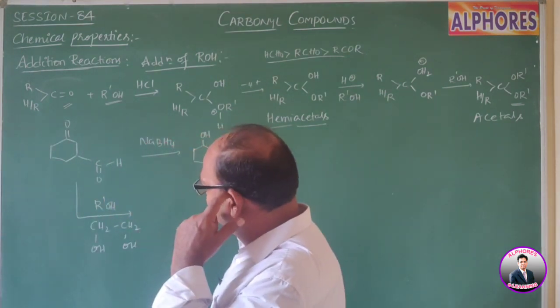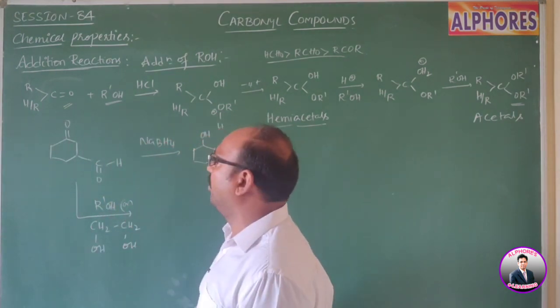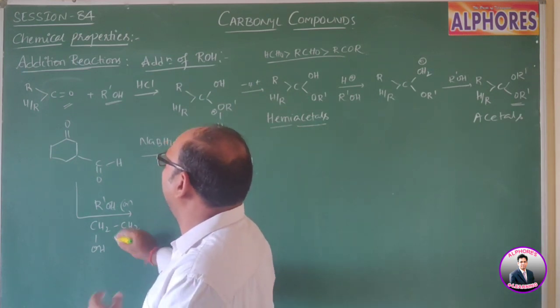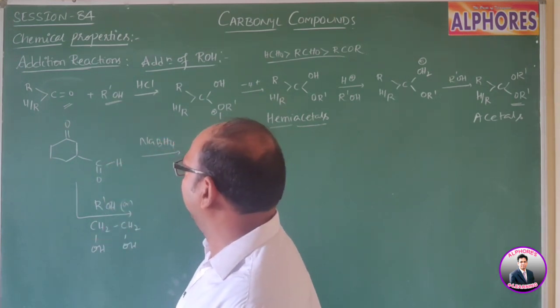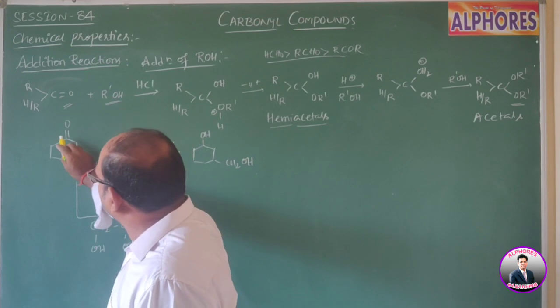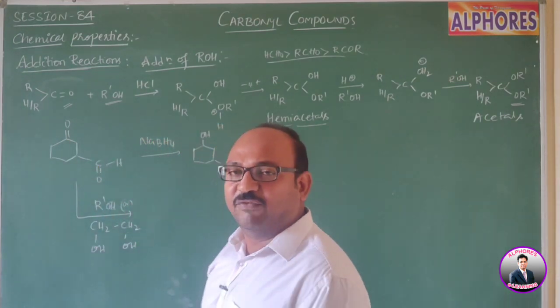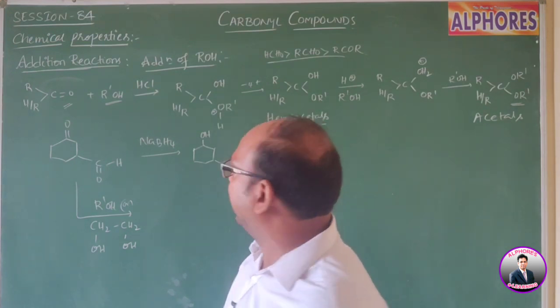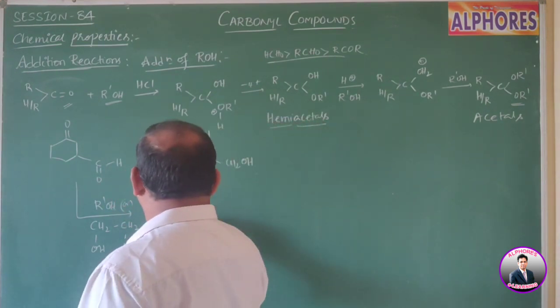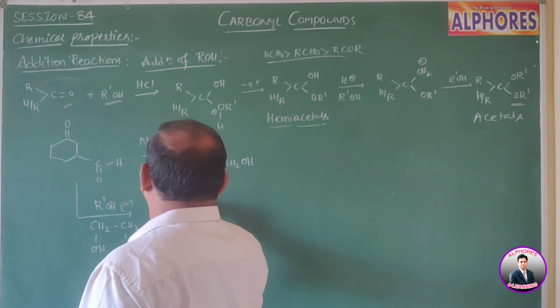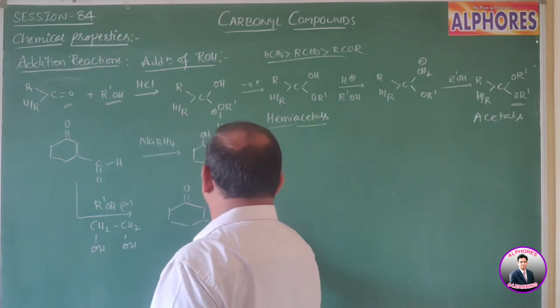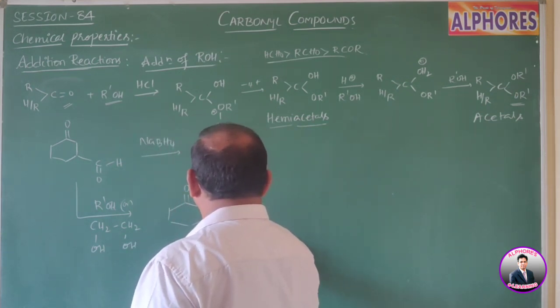When we use either an alcohol or a diol, it forms an acetal with the carbonyl group. Here two carbonyl groups are available, of which the more reactive one is the aldehyde. Then it is going to be protected, while the ketone group remains as such. Here the aldehyde group gets protected.